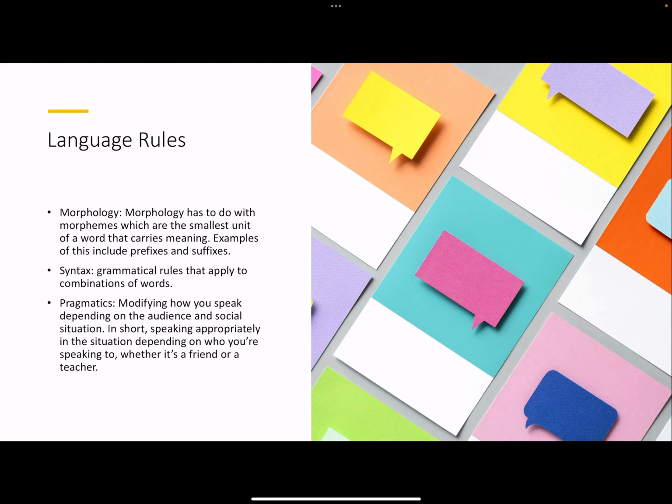And finally, pragmatics, which is modifying how you speak depending on the audience and the social situation that you're in. So in short, this would be speaking appropriately in the situation depending on if you're talking to a friend or if you're talking to a teacher. You would obviously talk to them differently because the social situation is different.